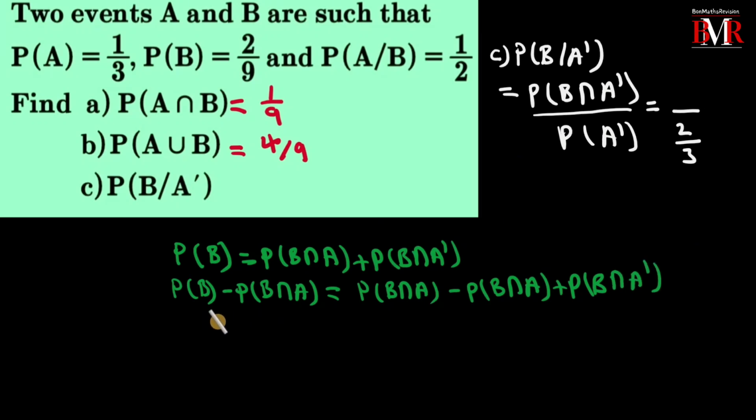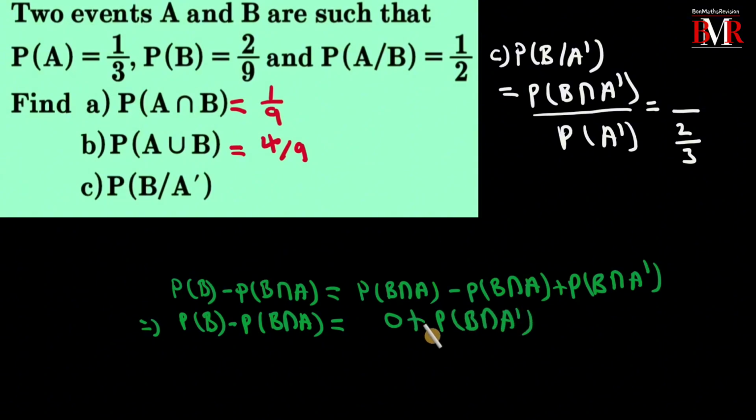So anything I do to the left hand side of the equation, I also do to the right hand side of the equation. And you see this one, it means that probability of B minus probability of B intersection A is equal to 0 plus probability of B intersection A prime.